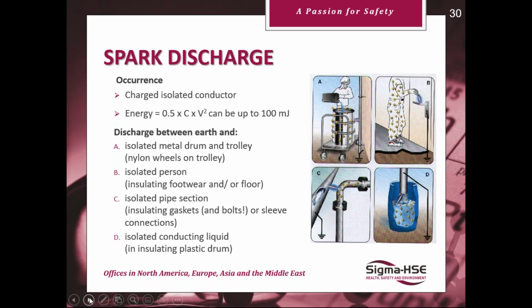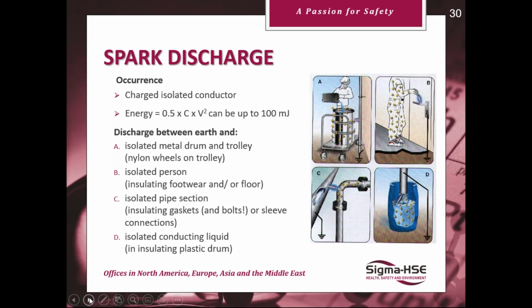So if you look at A, you've got an isolated metal drum and trolley. There's nylon wheels on the trolley. So you think you should be isolated, you should be okay, but the nylon wheels insulate the drum. You get near the metal pipe and it sparks.